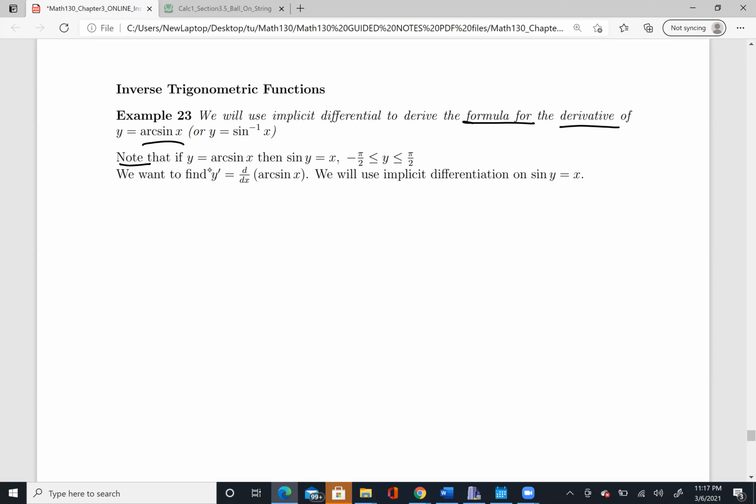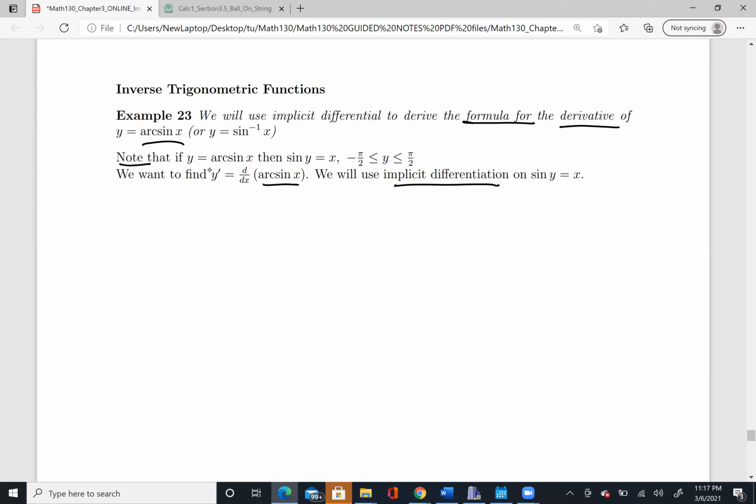And here y is in between negative pi over 2 and pi over 2, and we want to find the y derivative, which will be equal to the derivative of arcsine x. Okay.